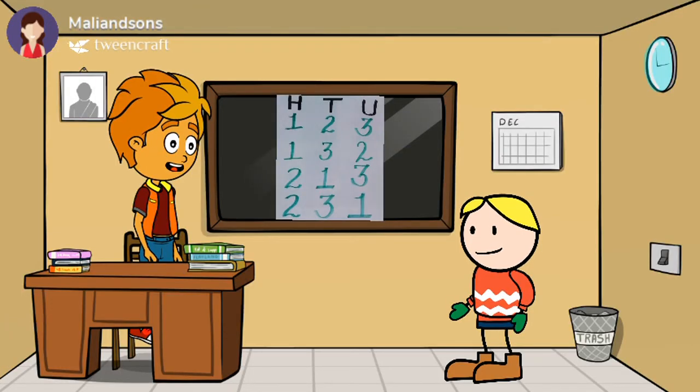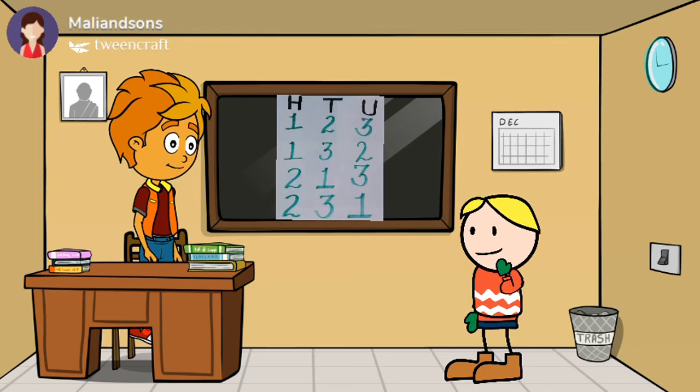Now, tell me, if we take 3 at 100 place, how many new numbers are formed? Which are they? Sir, if we take 3 at 100's place, there are two numbers formed.